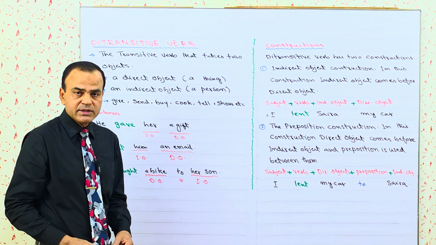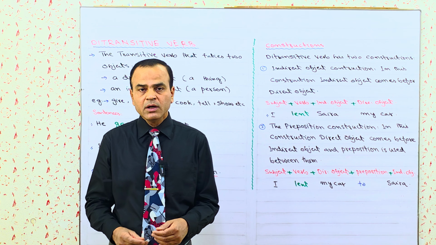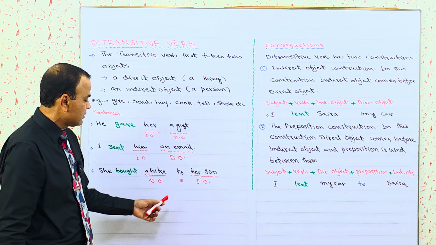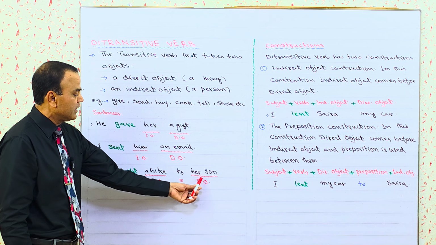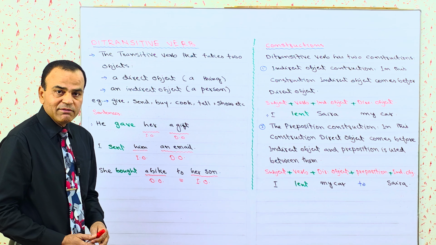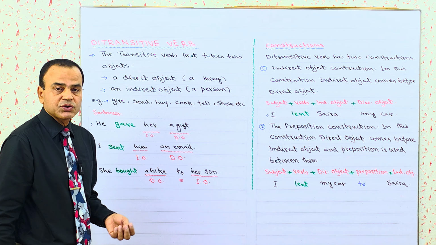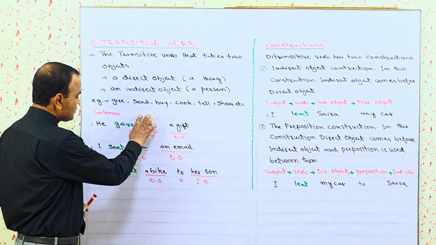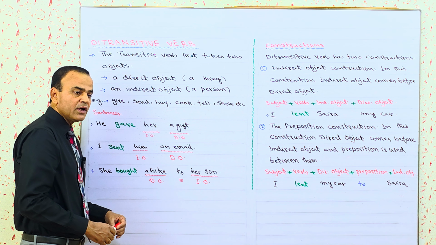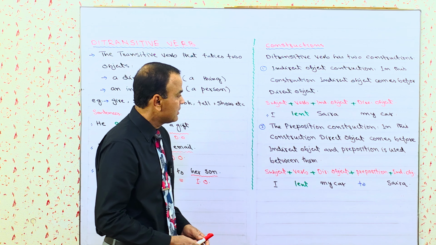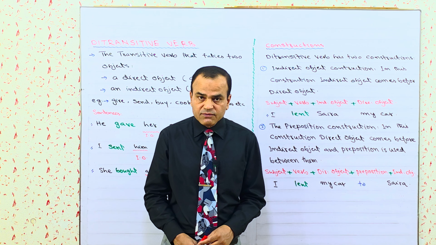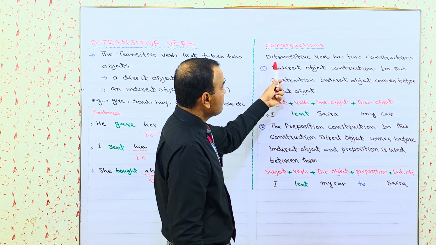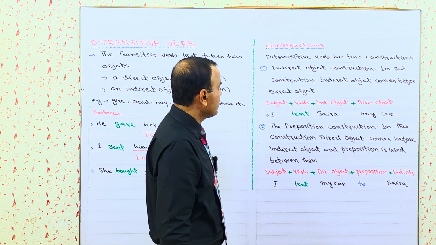So the basic concept is that if you are using the direct object first and the indirect object later, you will have to use the preposition between them. So let us have a look at the two different constructions we can make when we want to make a sentence that contains a ditransitive verb and two objects.